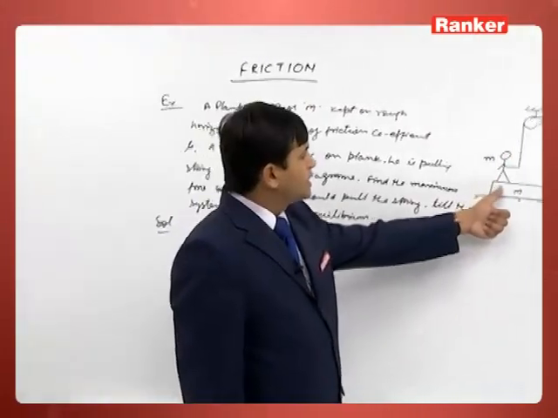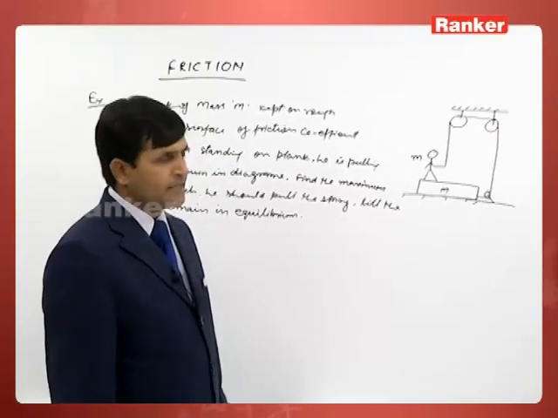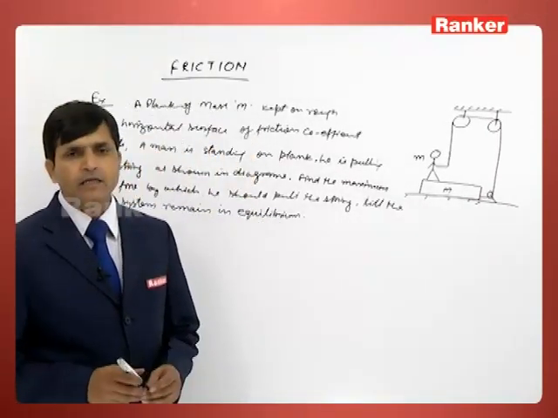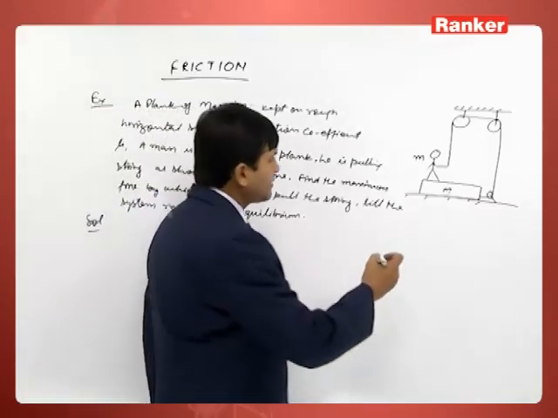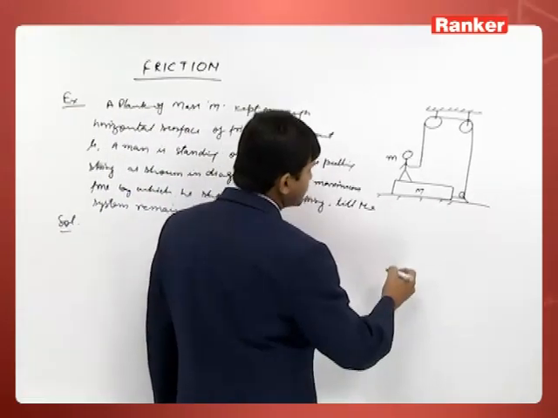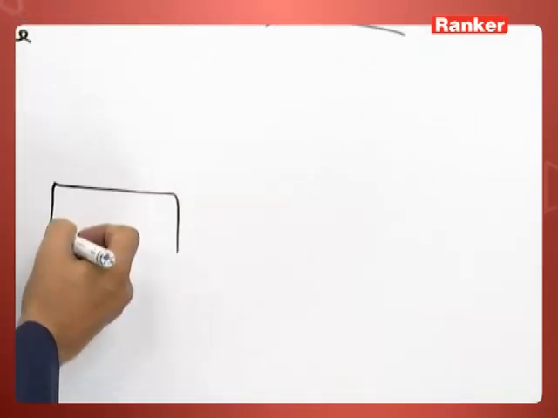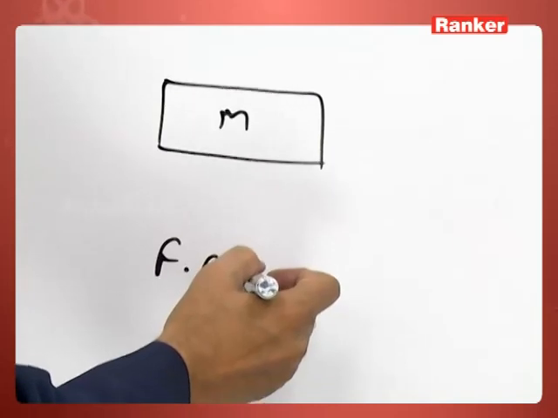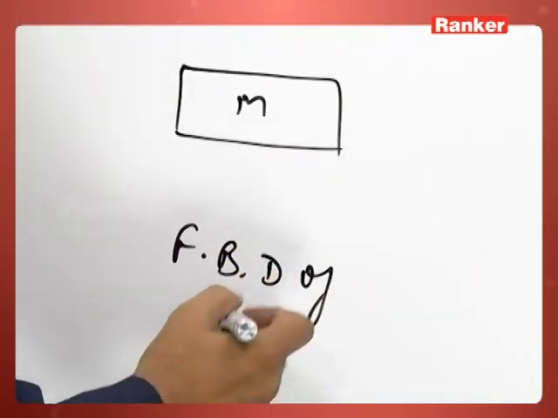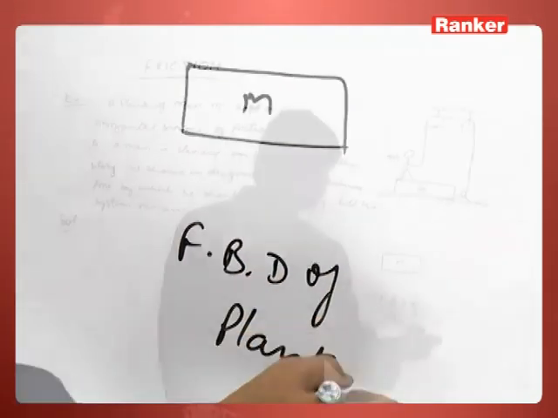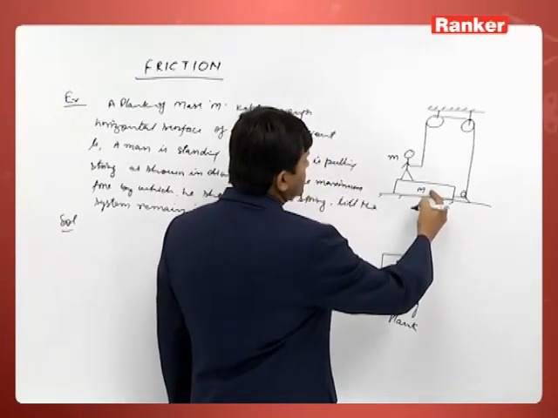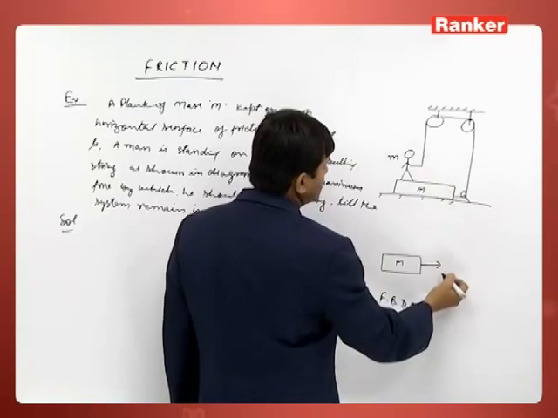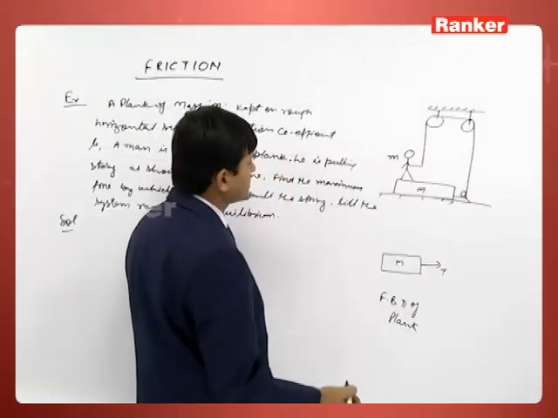So what we can do here is make the FBD. System remains in equilibrium means the plank is not moving. When we make the FBD of the plank, this is the plank of mass M. The plank is pulled by a certain force, that is tension.